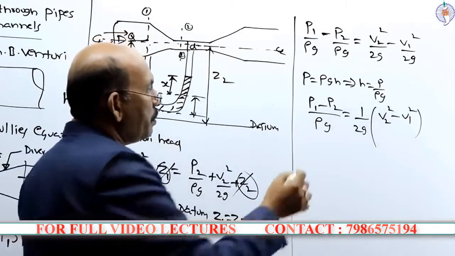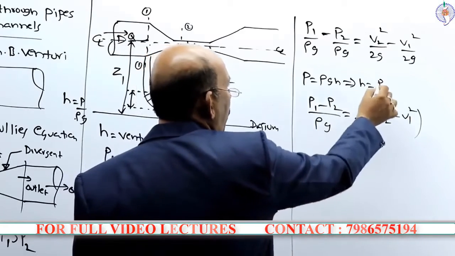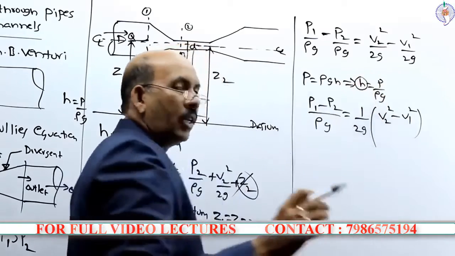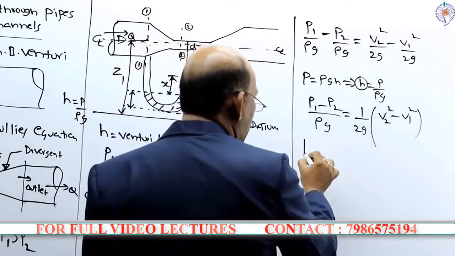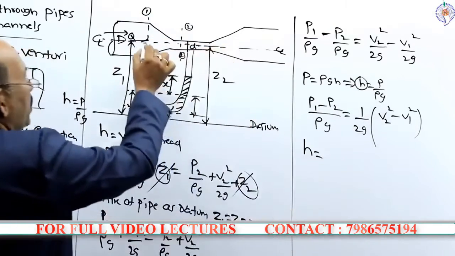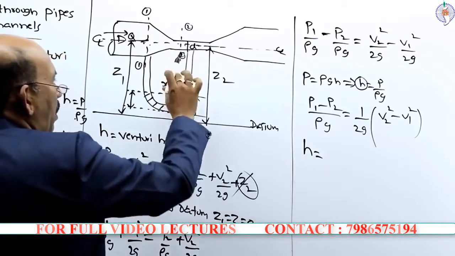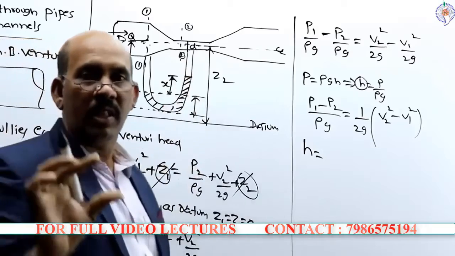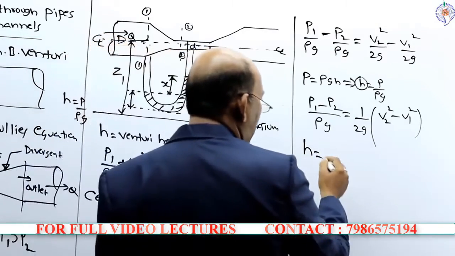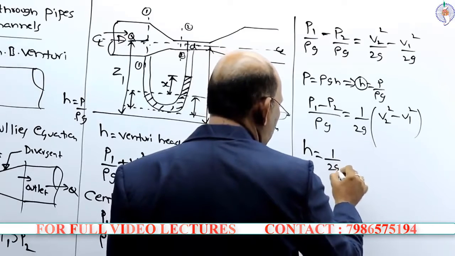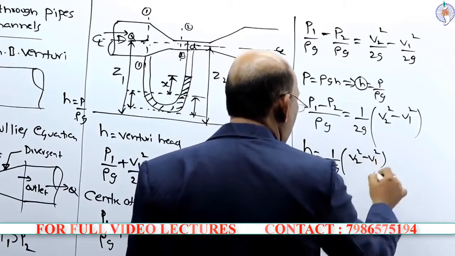Now this P1 minus P2 by rho g is nothing but the pressure head. So you can write H as the pressure head between these 2 points 1 and 2. This pressure head can be calculated by knowing the difference of the mercury levels, and this H is given by 1 by 2g into V2 square minus V1 square.